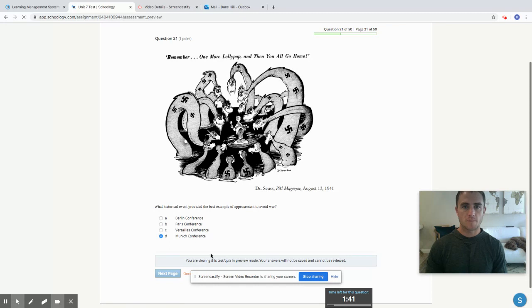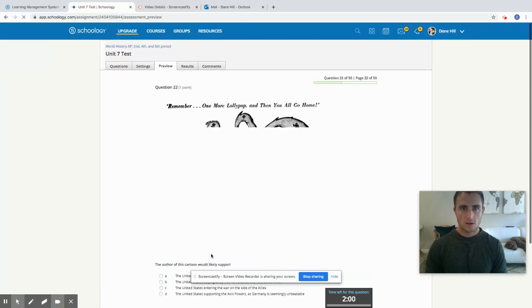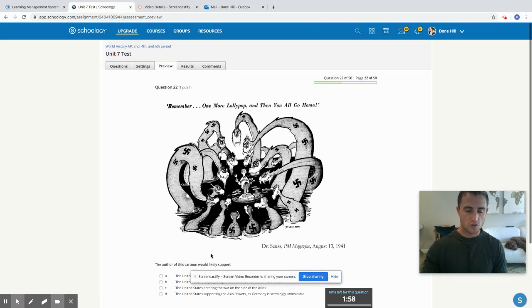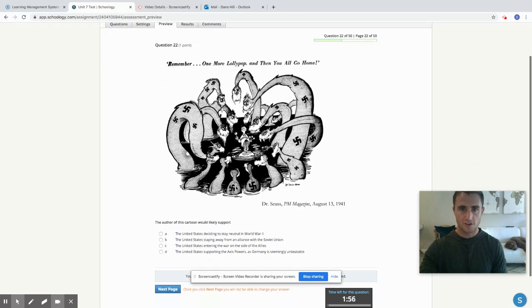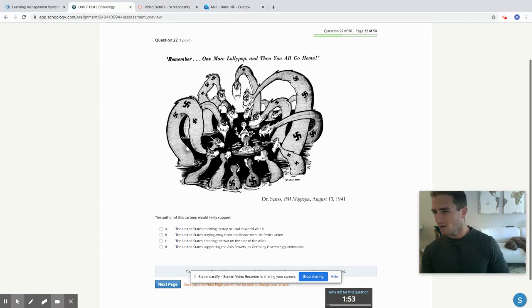Okay. Next one. The author of this cartoon would likely support. Okay. So these are the ones we always have problems with. When you think about political cartoons, guys, you got to remember that political cartoons are there to point out something that's stupid in society.